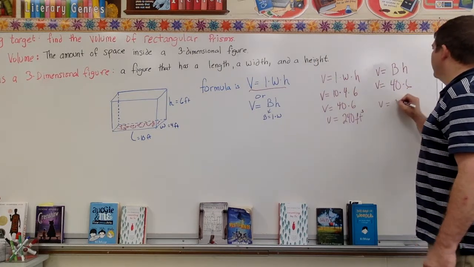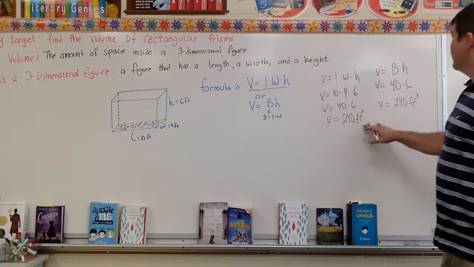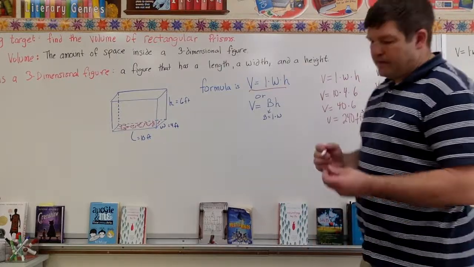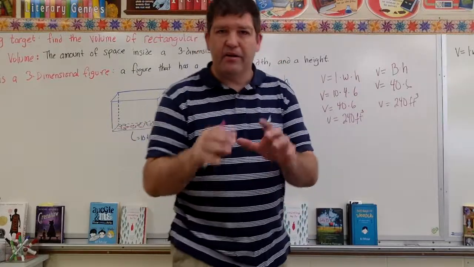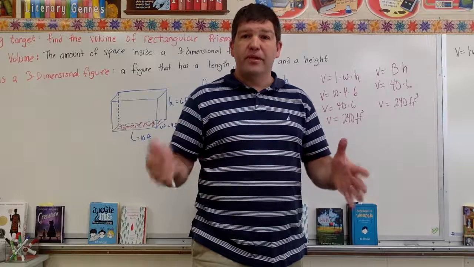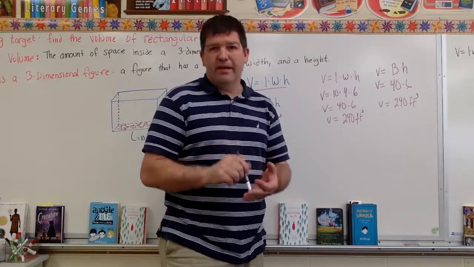And the volume equals 240 feet cubed. You get the same answer, it's just 2 different ways to do it. All right? So, when you think about how much is in a container, a rectangular prism, or any kind of three-dimensional shape, the formula is length times width times height.